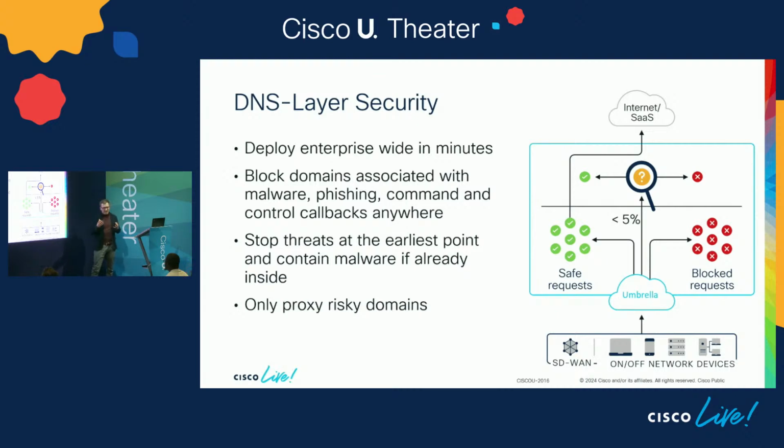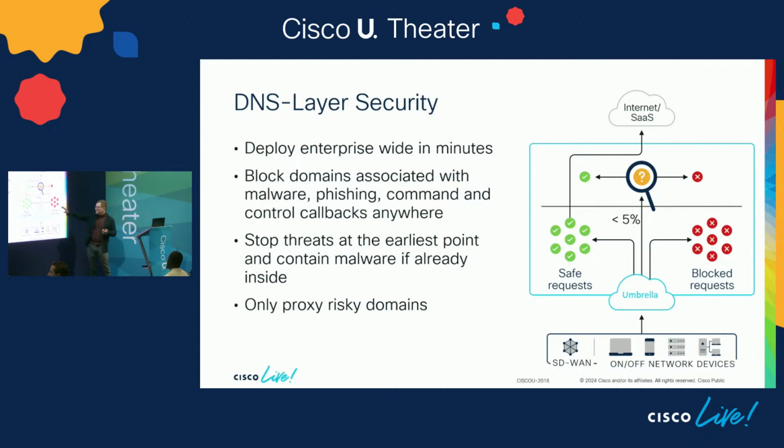So why not take advantage of this and stop threats earlier, even before any connection is established to the network or to the endpoint? So by implementing DNS layer security, I can block access to domains that are associated with malware, phishing, command and control servers, etc.